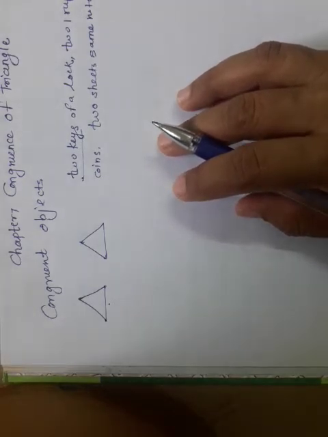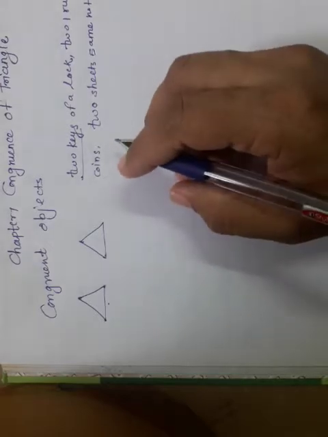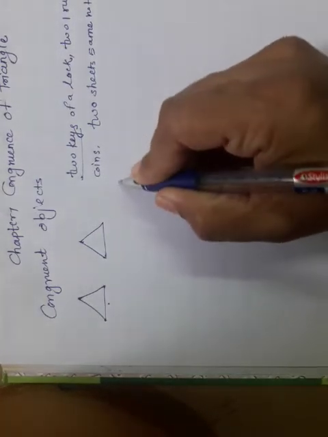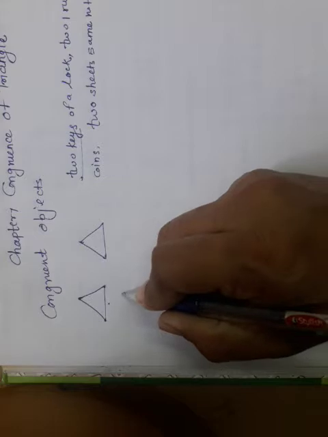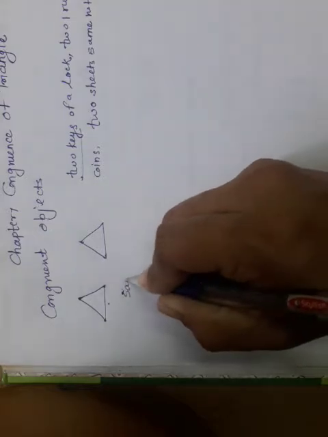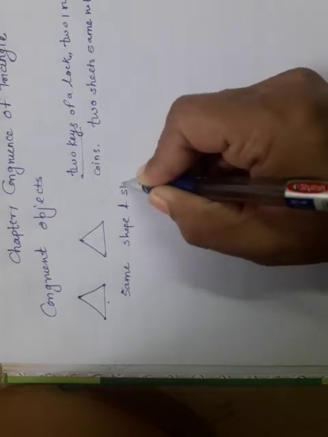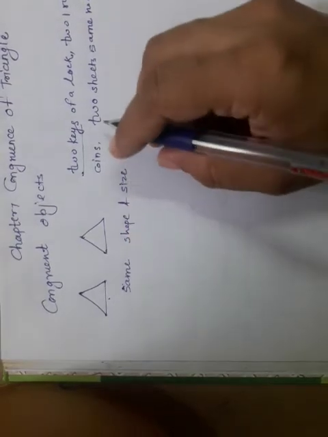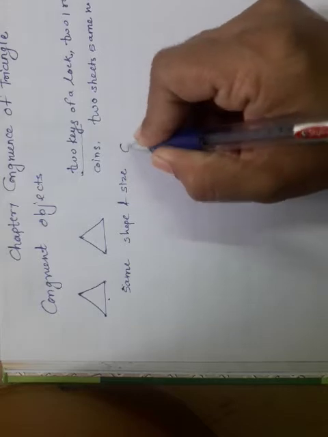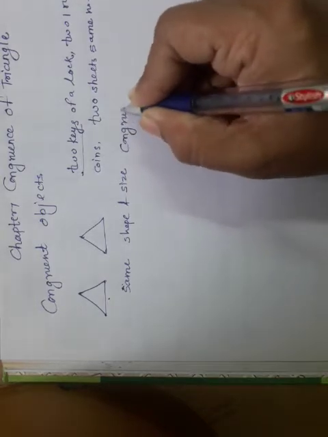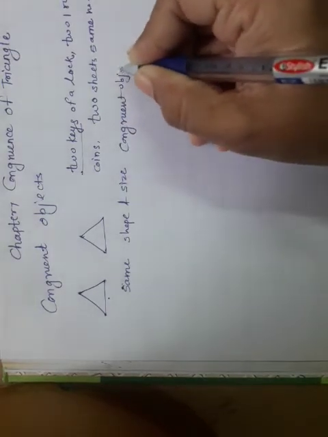Such objects which have the same shape and size are known as congruent objects. These are known as congruent objects.